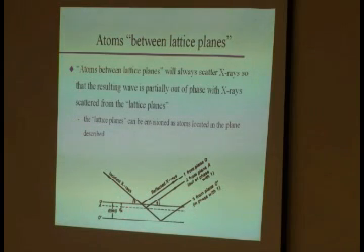Then an atom sitting here in this plane A has to be partially out of phase with the other waves, right? Now, on this drawing, they actually say out of phase. What they mean is partially out of phase. It's not going to be exactly out of phase, in which case we would get extinction, okay?